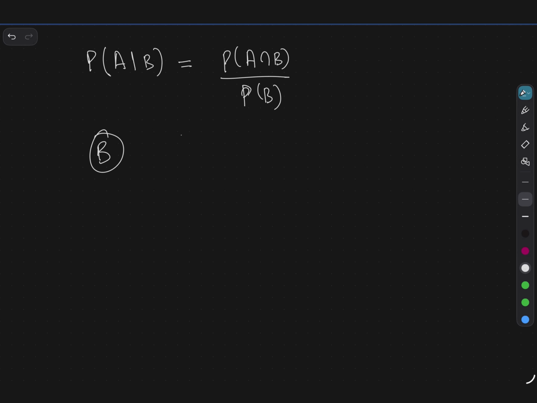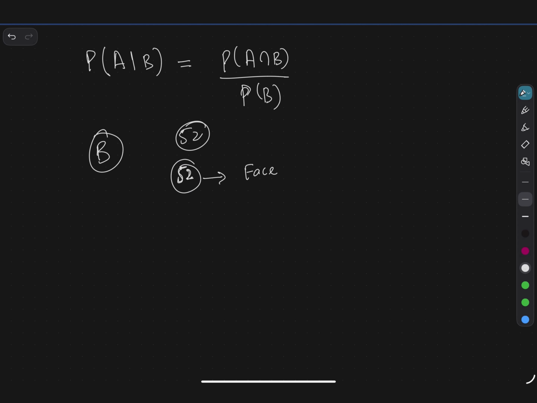Earlier, we had a deck of 52 cards. Now, apart from having the deck of 52 cards, we are saying that we drew a card and the card drawn from the deck is a face card, and we have to find the probability that this card is a king.